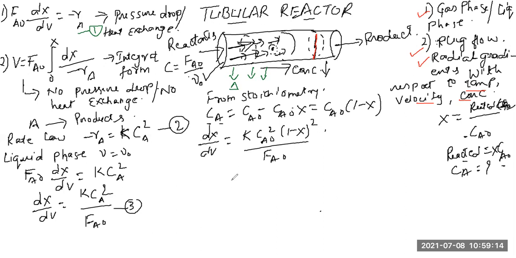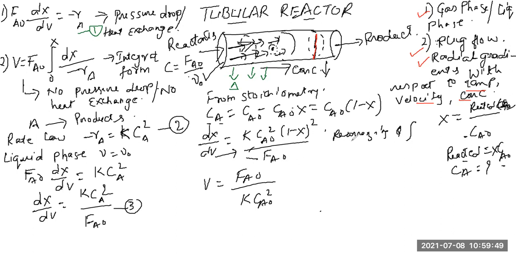So let's rearrange this equation, right? On rearranging this equation, what you will get is V is equal to, rearranging and then integrating, right? So you take this dV there and Fa above, then Ca comes down. What it will become is an equation like this: Fa0 divided by K Ca0 square.